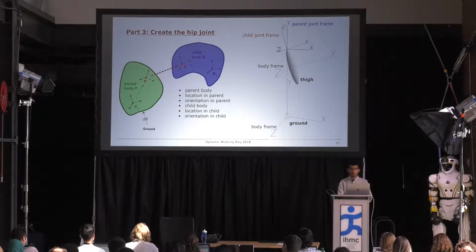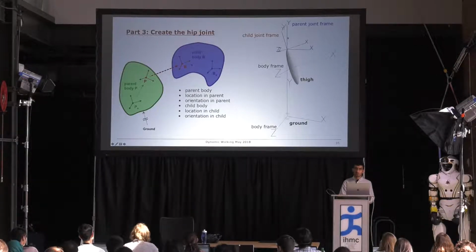So in our specific model, we have a ground body, which will be the parent body for our pin joint, shown by these red and blue frames here. And we have a thigh child body.